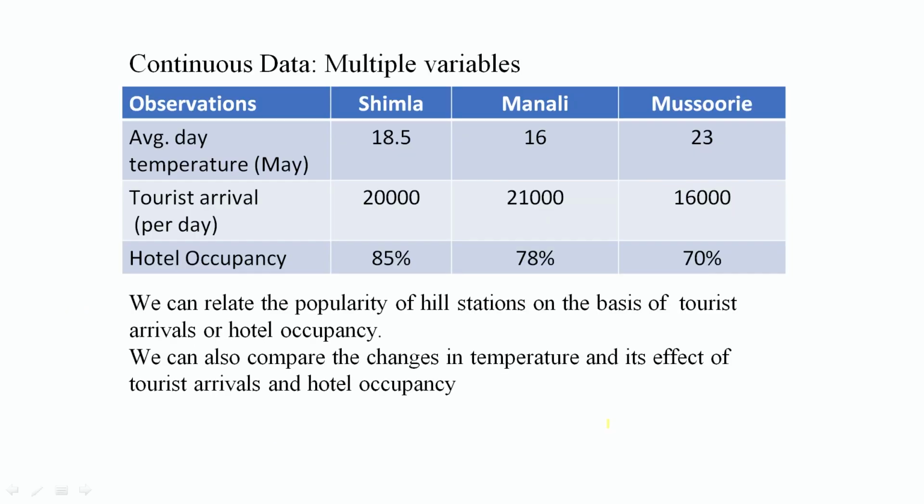Dear students, we study tourism and hospitality. I have given an interesting example in front of you. This example is about daily temperature in summertime and the occupancy in hotels in 3 different cities.